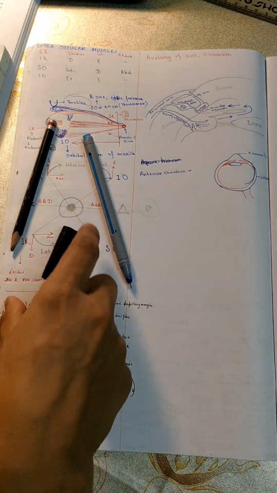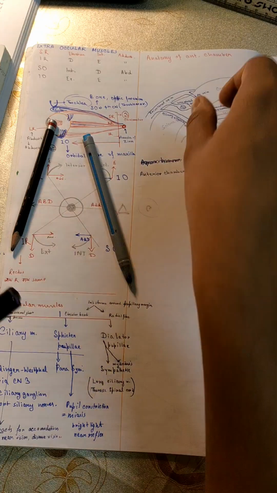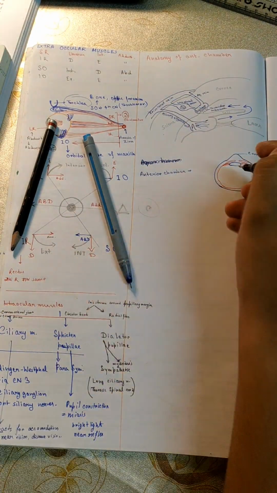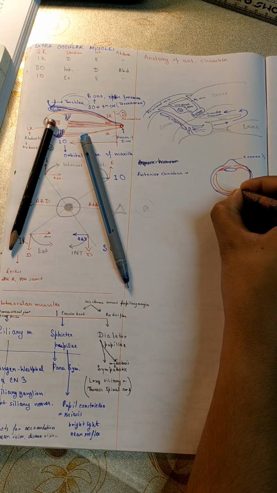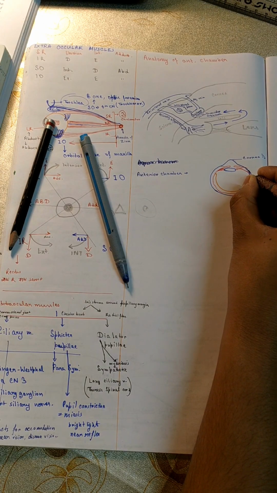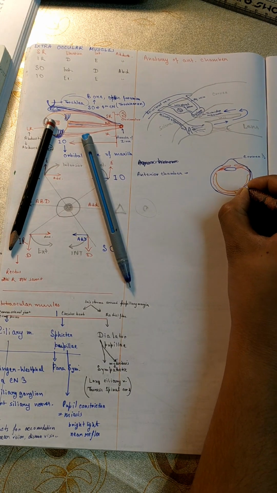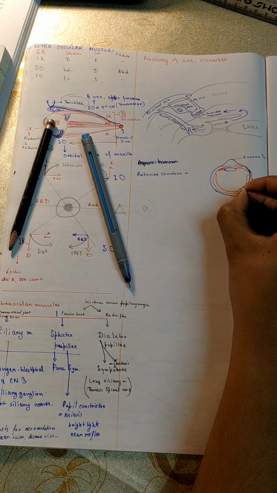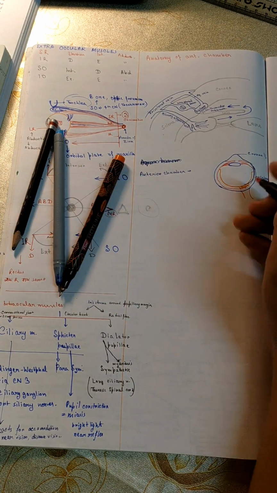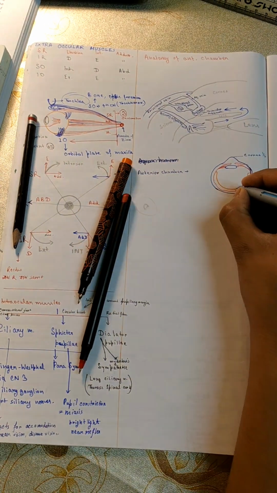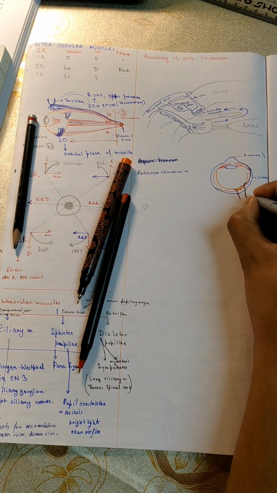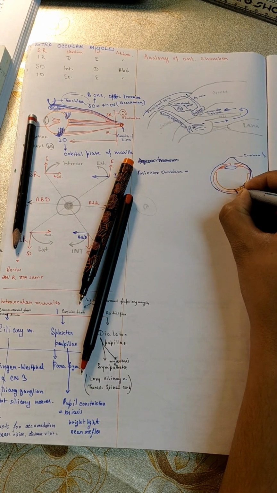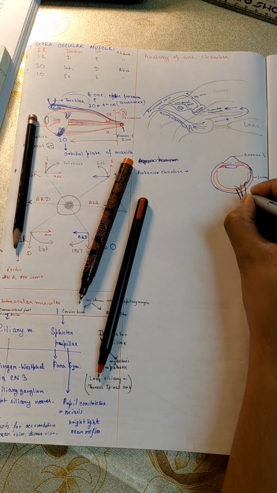And behind this I have my color sensitive layer, that is retina. Okay, here will be no retina in this part. This is black. There will be no retina in this part, as it is optic nerve.